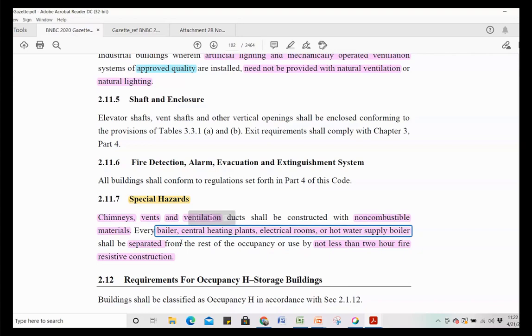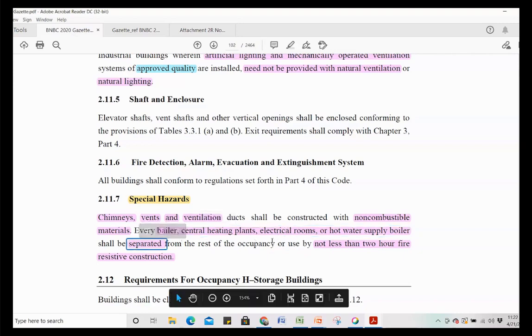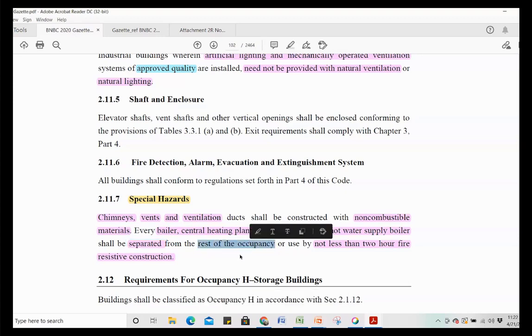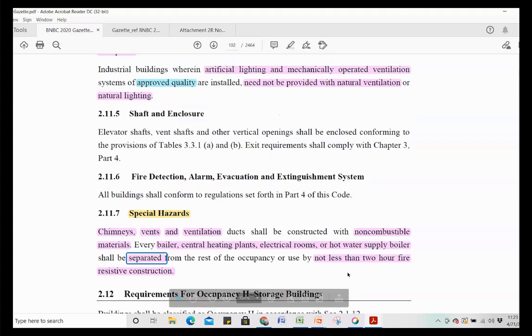They shall be separated from the main occupancy, and not only the main occupancy, but from the rest of the occupancies. If there are other occupancies, they will be separated from them as well. So one is separation, the other is that they will have a fire resistive construction that is not less than 2 hours.